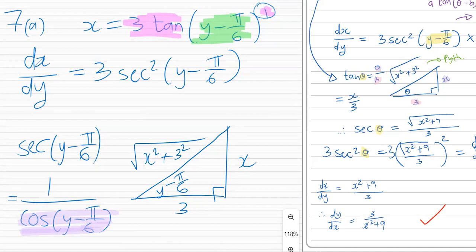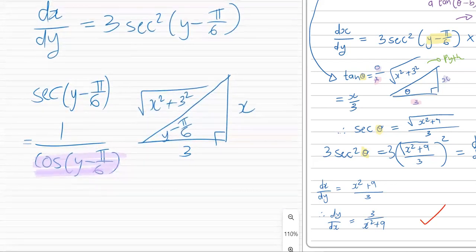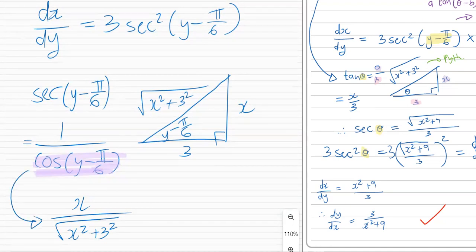So it would be x over square root x squared plus 3 squared. So this is the exact same thing as that. Okay. Oh, wait, what did I do? X. Need to write. So, it's adjacent. Okay.